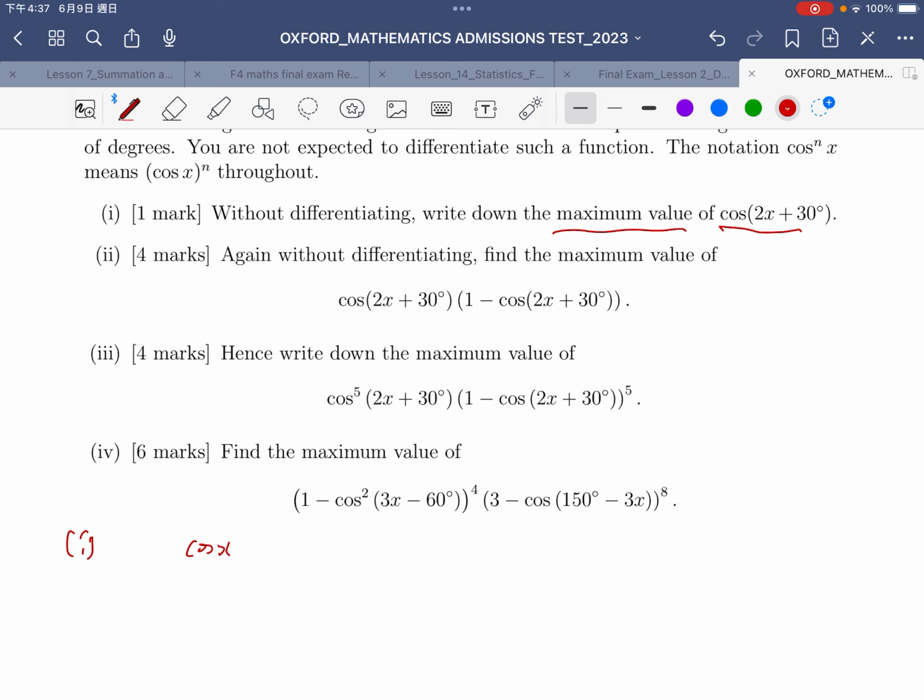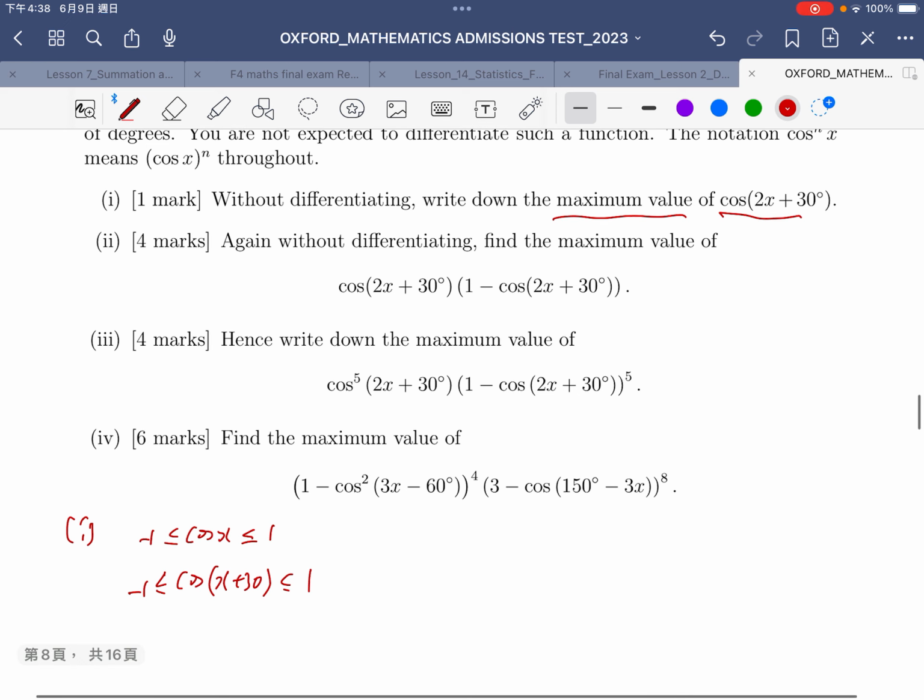The value of cosine x lies between -1 and 1. When we add 30 degrees, it means translating to the left by 30 degrees, but the value is still between -1 and 1.